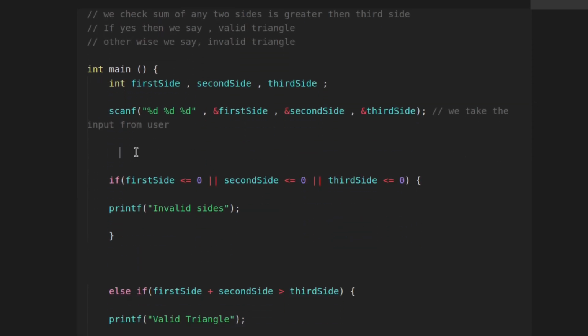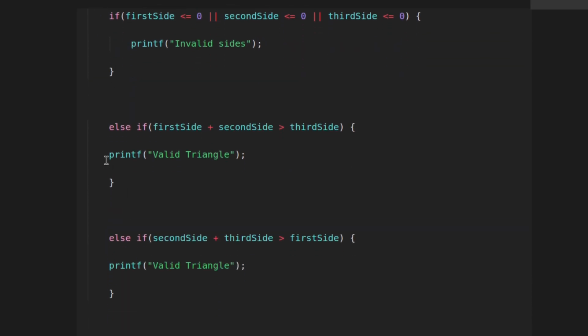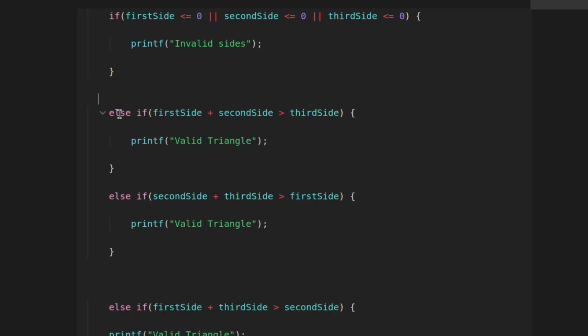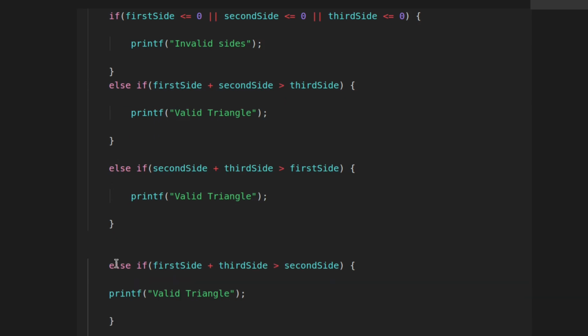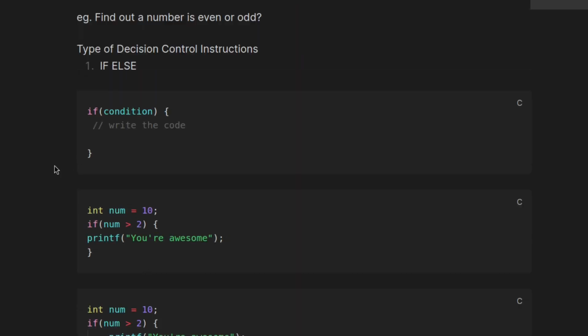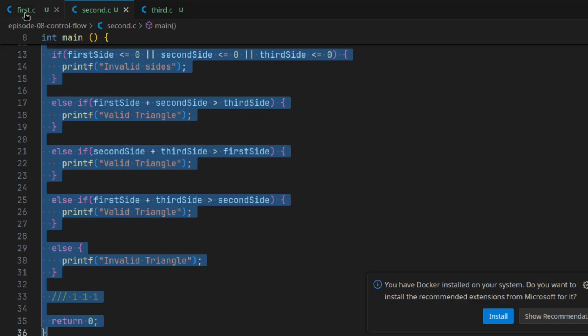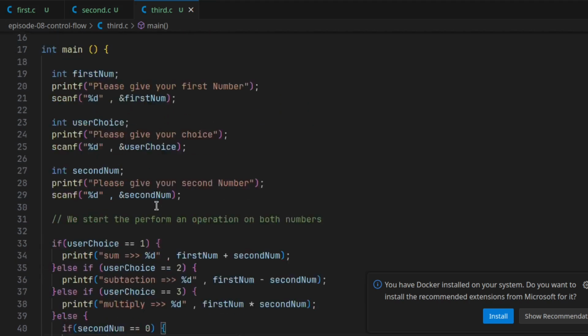Correct all the code. Yeah, so all things are going good. So the whole code, if else, and what was discussed in first.c, covers all the code, and the calculator is the remaining.